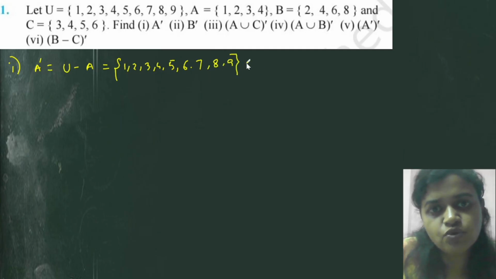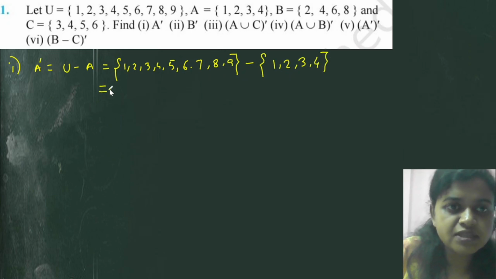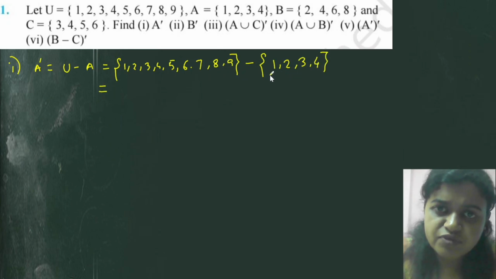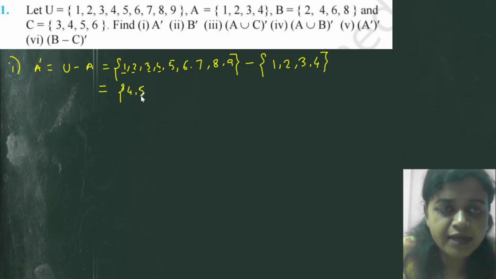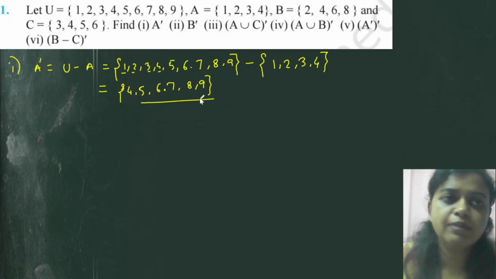This is set U, and A is 1, 2, 3, 4. So you have to remove these elements of set A. If we remove 1, 2, 3, 4, we'll get 5, 6, 7, 8 and 9. This is the answer of A complement.